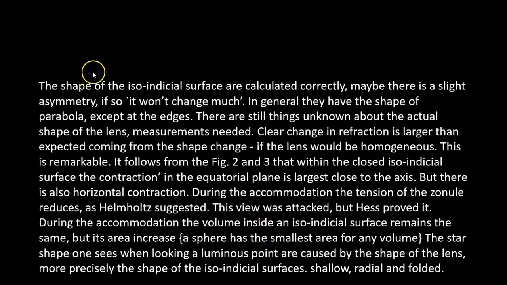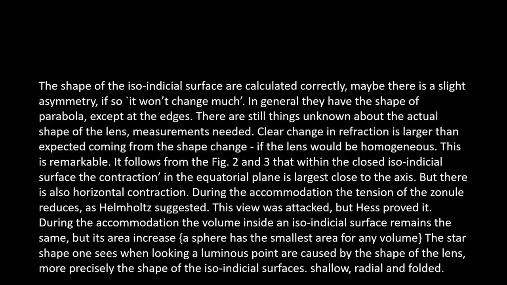Okay, the shapes of the isoindicial surfaces are calculated correctly. Maybe there's a slight asymmetry, but it won't change too much. In general, they have the shape of a parabola, except at the edges. There are still things unknown about the actual shape of the lens. Measurements are needed.